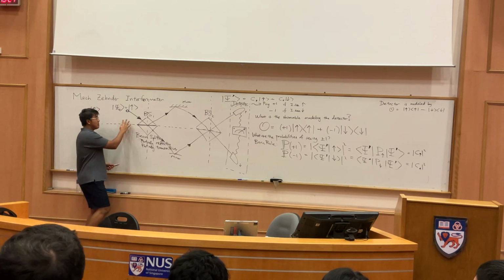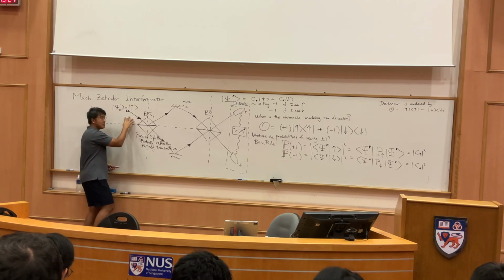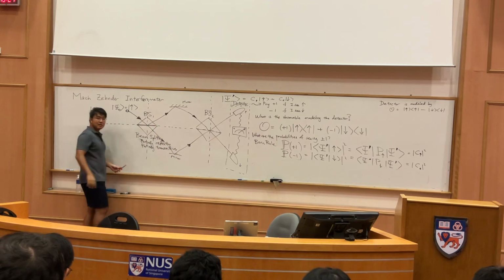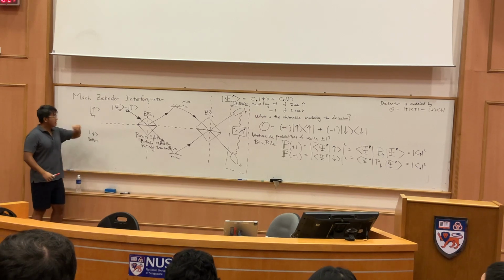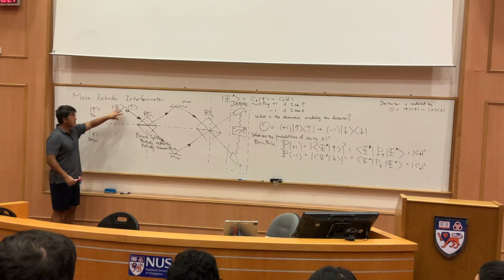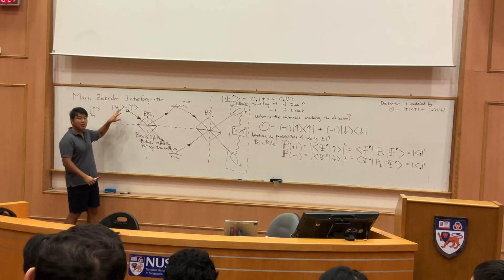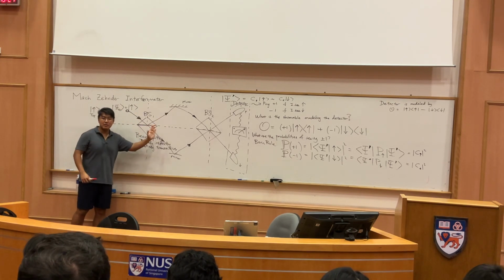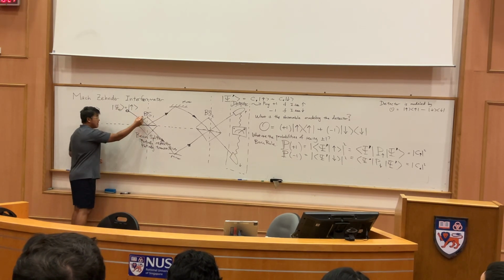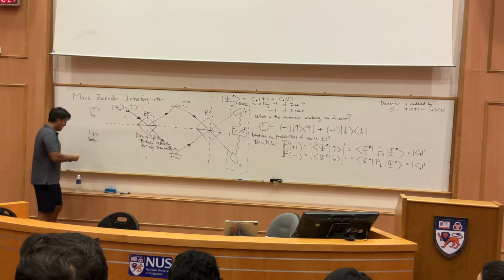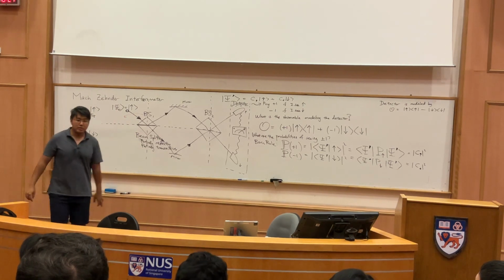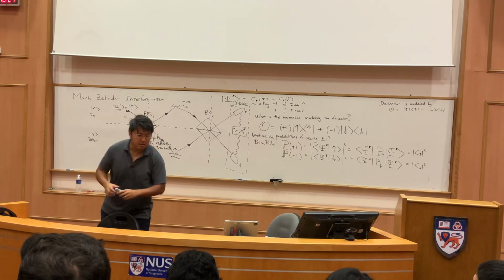Because we know that the light should remain some light here, and the norm should remain 1 on the left and on the right, before and after, this beam splitter should be modeled by a unitary, right?